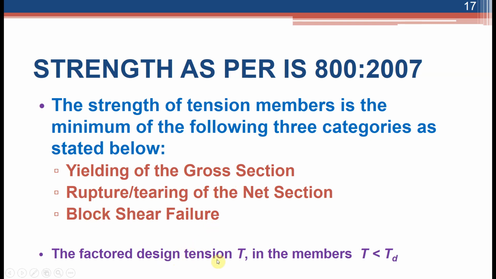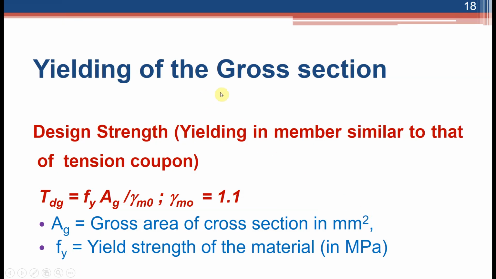So the factored design tension T in the member is always less than the design tensile strength. The factored load in tension should be less than the design strength of the member. Yielding of the cross section, design strength: in case of yielding of the cross section, the design strength can be found using yielding in a member similar to that of a tension coupon.